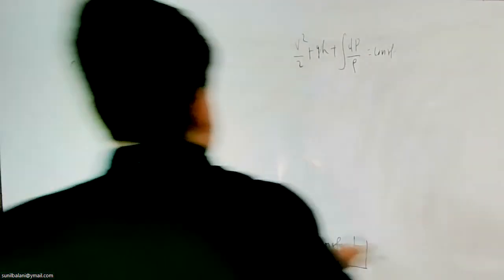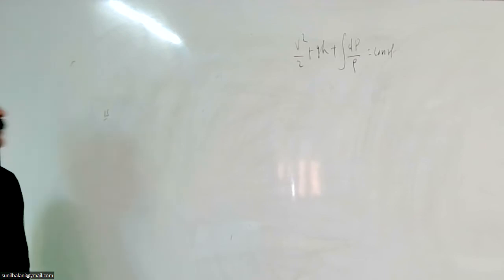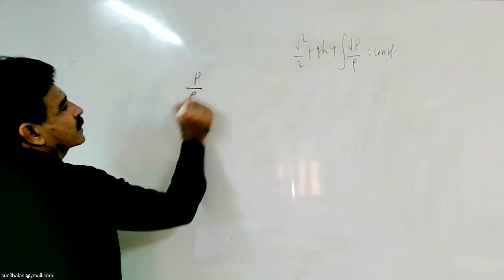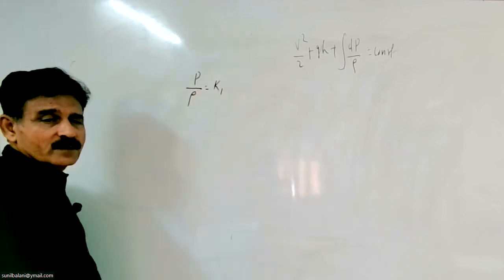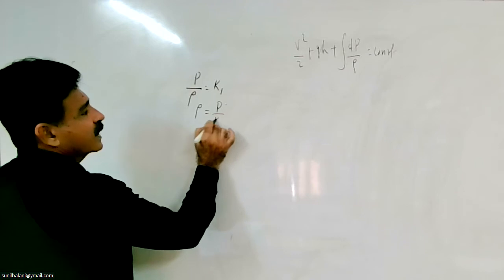Fine. Okay. So now I take first the case of isothermal case. Isothermal, what is the equation? Equation is PV is equal to constant. So I can say P by rho is some constant. Let us say K1. So I can calculate rho, that is P by K1.